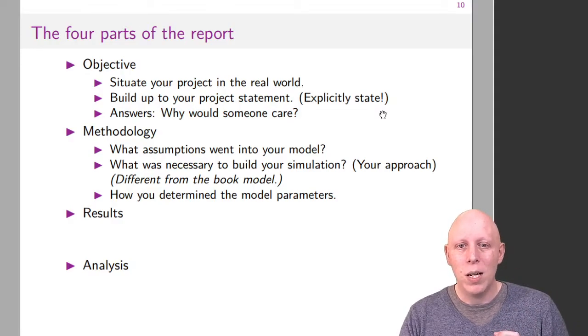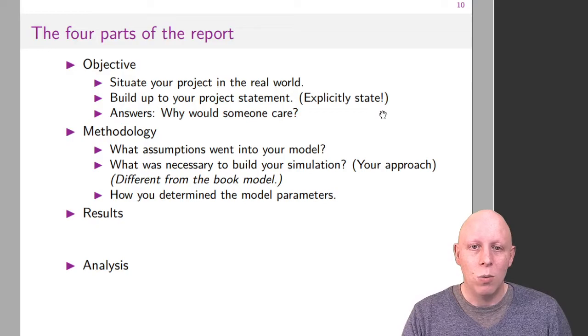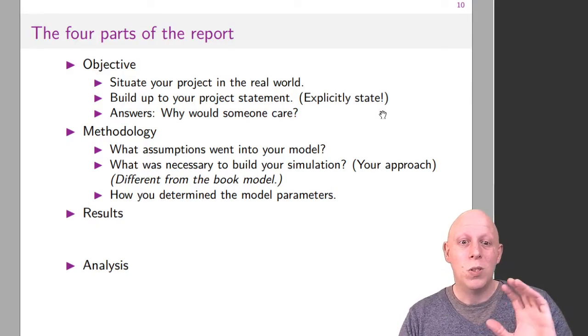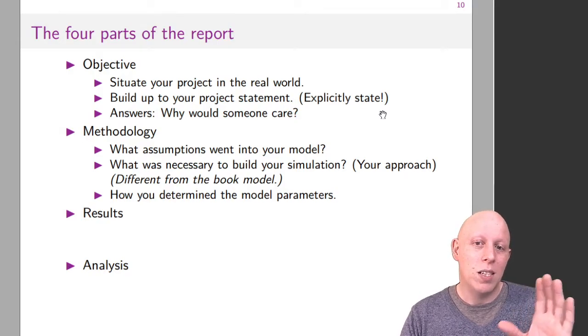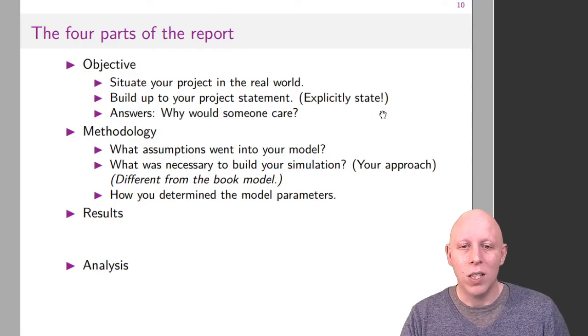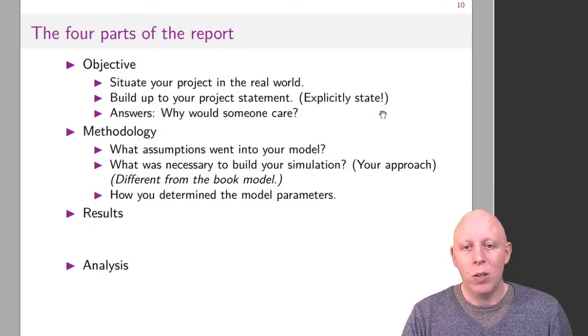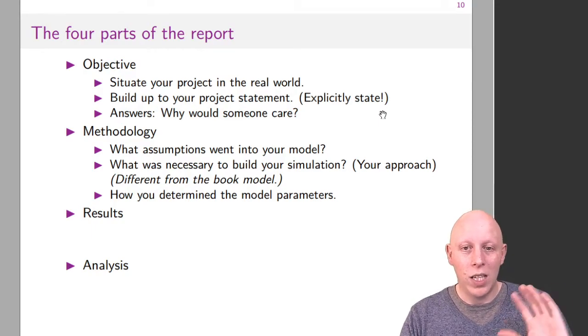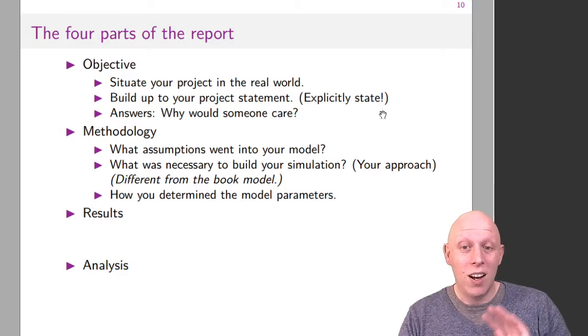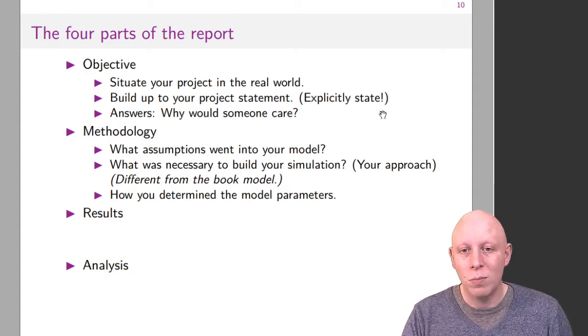So what type of assumptions went into your model? What did you assume was going to be the case? Maybe you made some assumptions about the ideal situation that your simulation is working in. You made some assumptions about what were the key variables that you wanted to include and especially not include in your model.